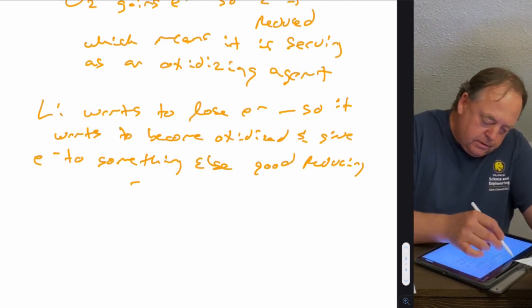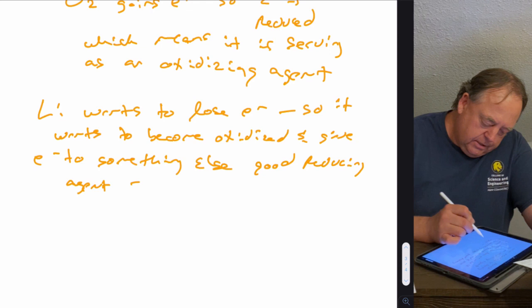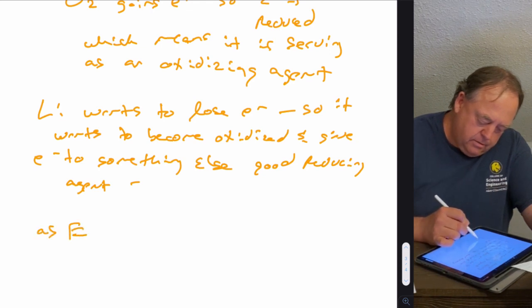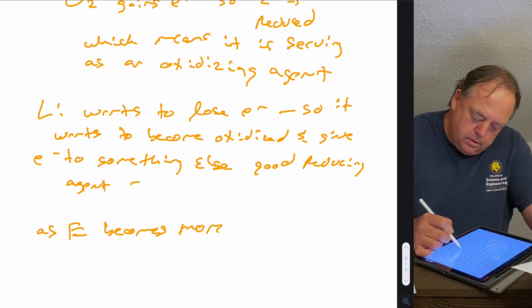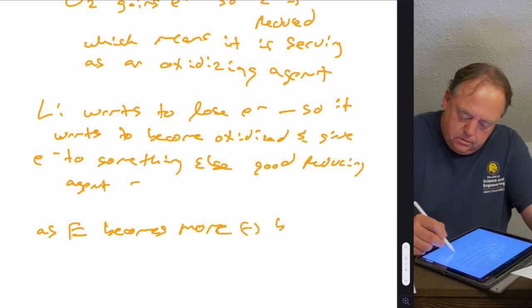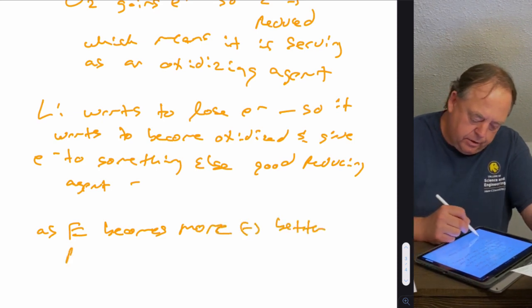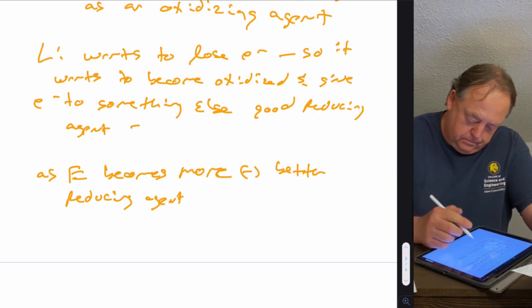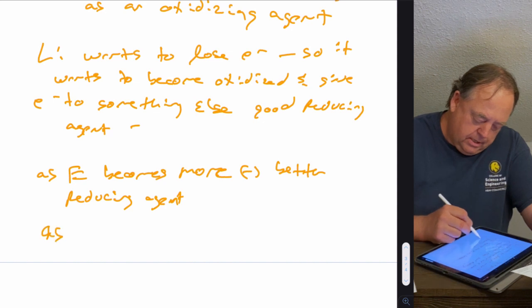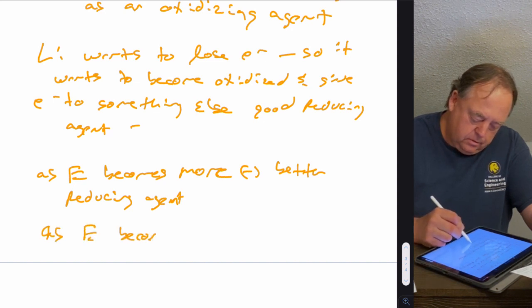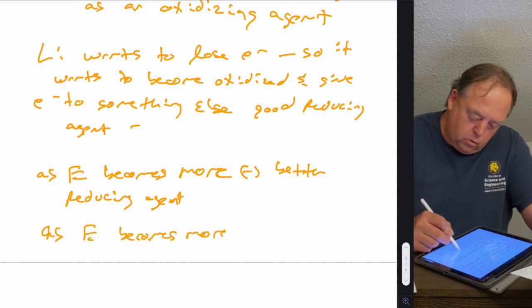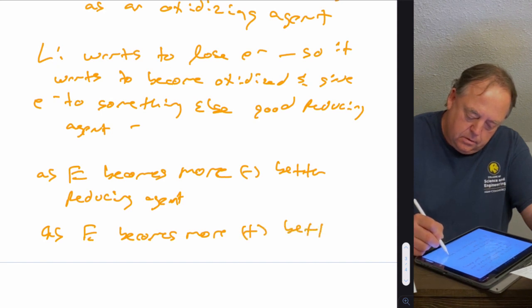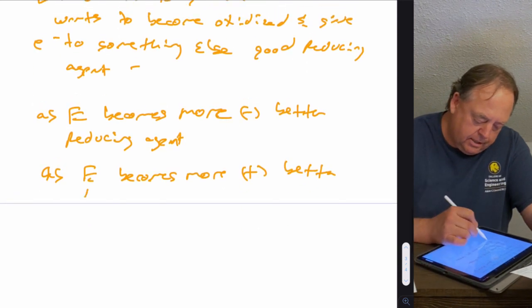So if all of that made sense, basically as E becomes more negative, it's a better reducing agent. As E becomes more positive, it's a better oxidizing agent.